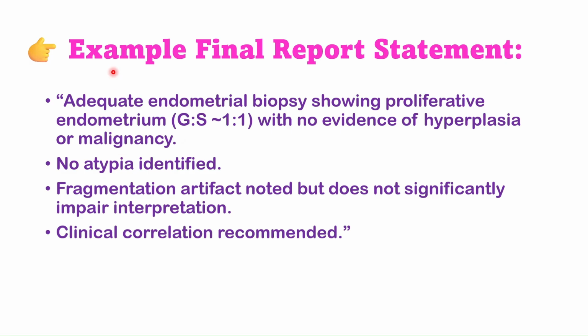So this is an example of a final report statement: adequate endometrial biopsy showing proliferative endometrium, write down gland to stroma ratio, with no evidence of hyperplasia or malignancy, no atypia identified, fragmentation artifact noted but does not significantly impair interpretation, and clinical correlation recommended.